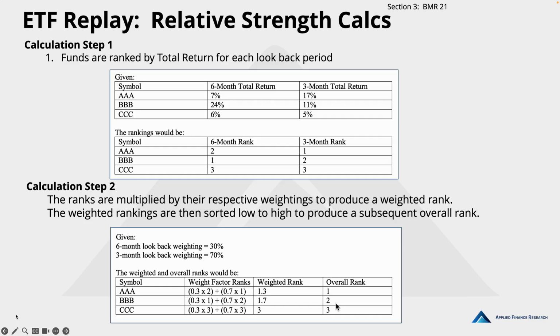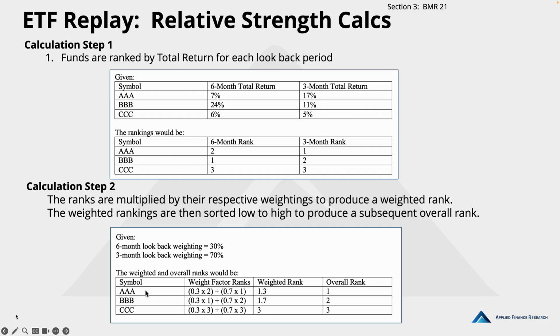Now, in the first generation BMR systems that Dr. Ken Long taught, the part that is different is that this ranking step right here does not happen. And the math down here is done a little bit differently.